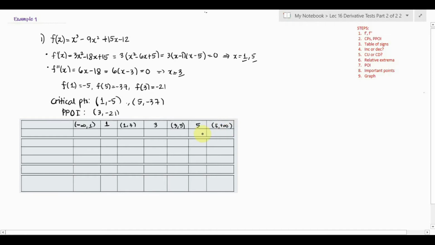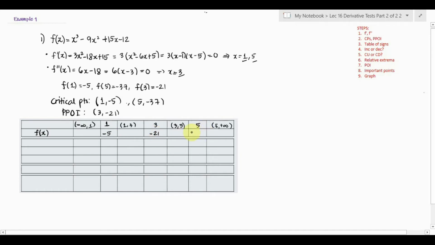Okay? Our first row would correspond to our f of x. And ang i-fill up lang natin dito ay ang functional values ng ating mga special x coordinates here. So, f of 1. So, maganda na nakuha na natin siya sa second step. Here, we have f of 1 to be negative 5. f of 3 equals negative 21.